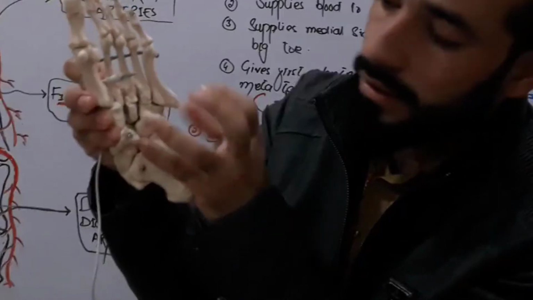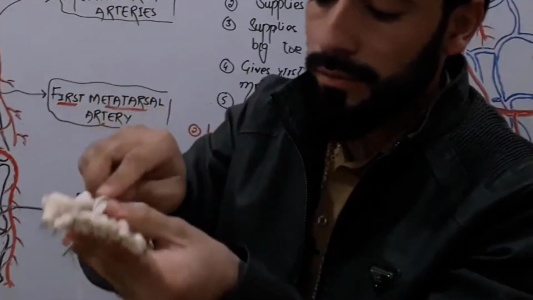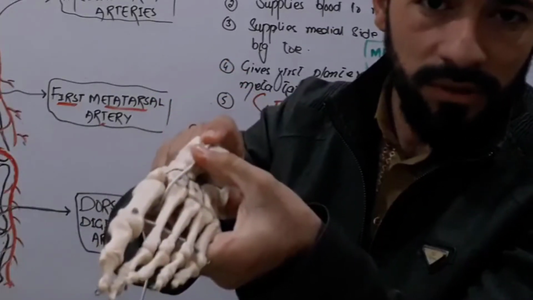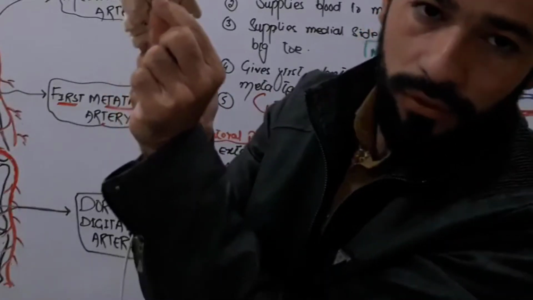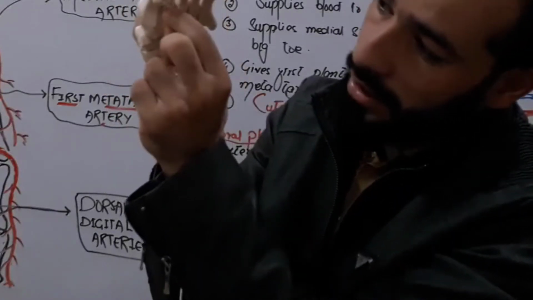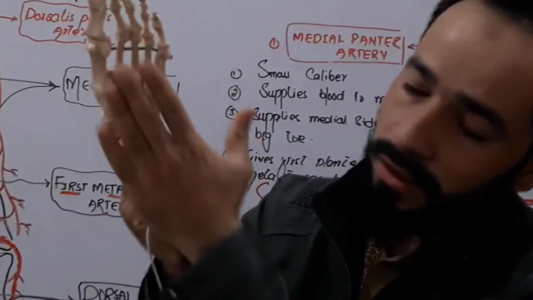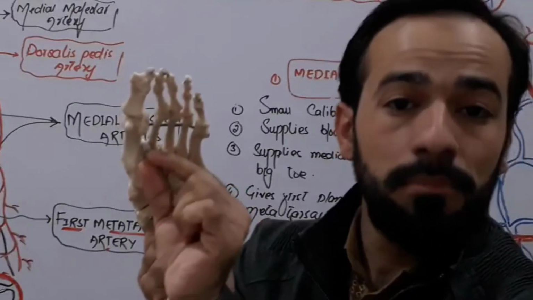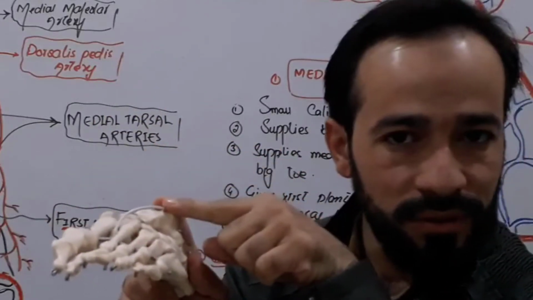This branch arises from the dorsalis pedis artery, and it gives a branch to the deep surface of the foot from the first metatarsal artery. This branch, which has come to the plantar surface of the foot, is called the deep plantar branch of dorsalis pedis artery.